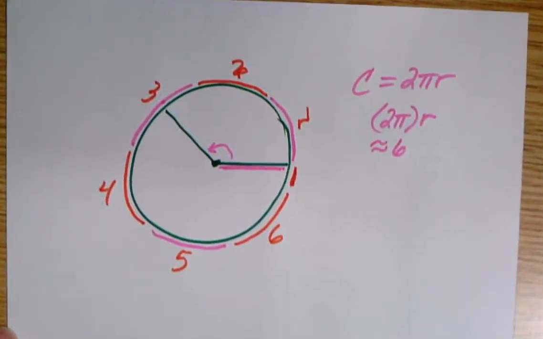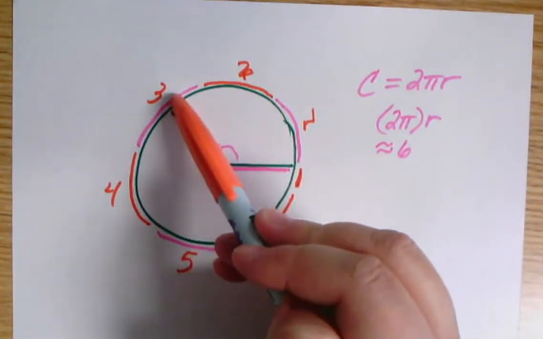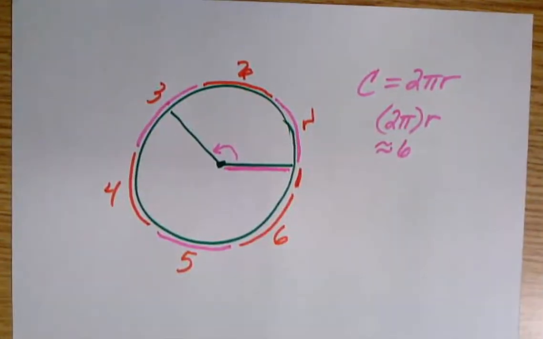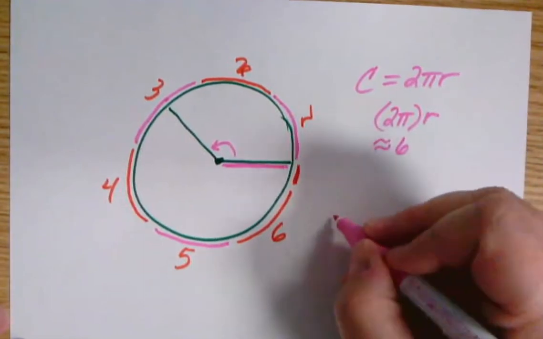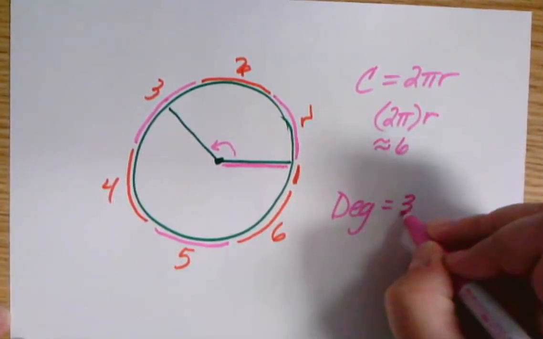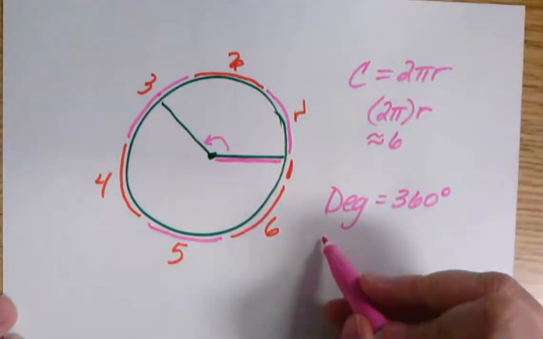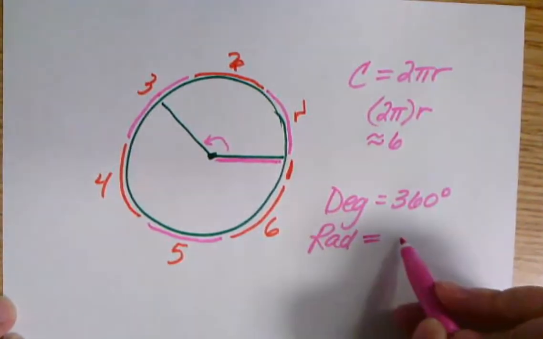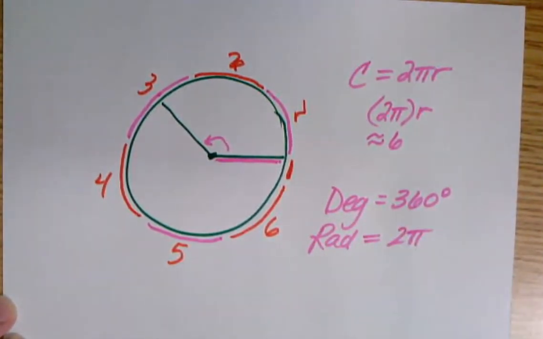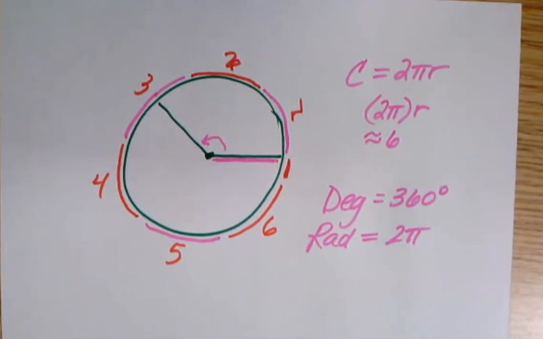So that's what we're really doing here: explaining how to walk around through that many degrees in terms of length with respect to the radius. In degrees, an entire circle is 360 degrees. In radians, an entire circle is 2 pi. It's 2 pi radiuses. That's exactly what radians are: how many radiuses you could fit in this portion of the circle.